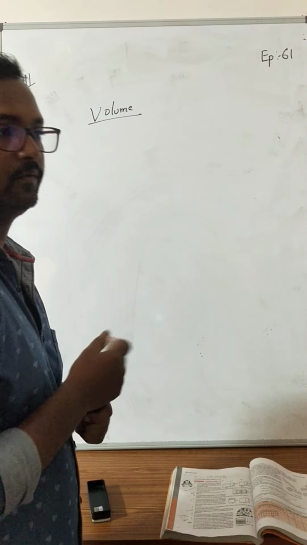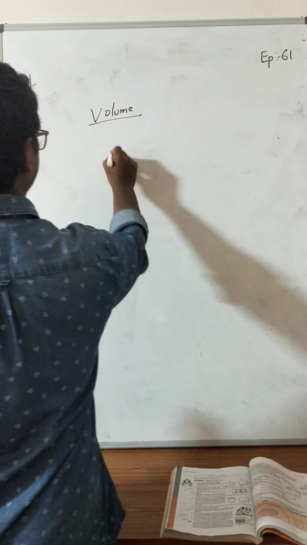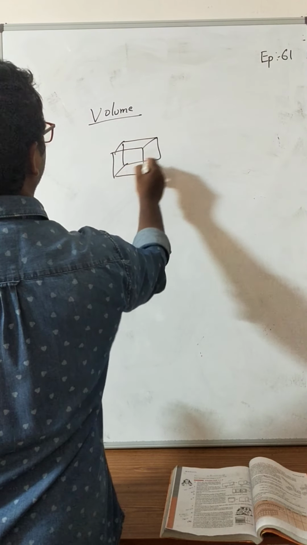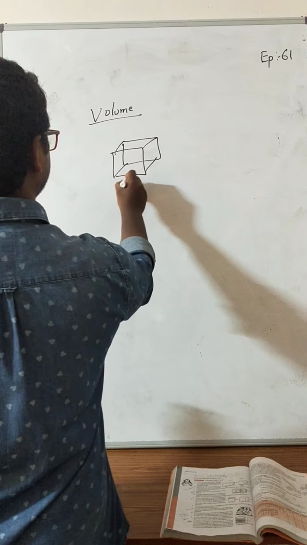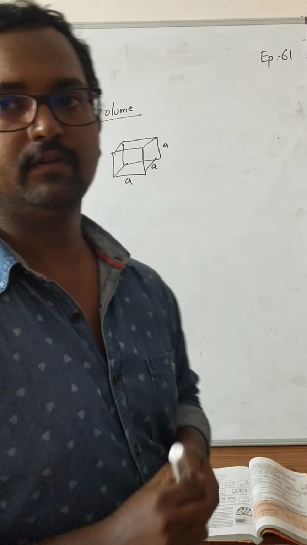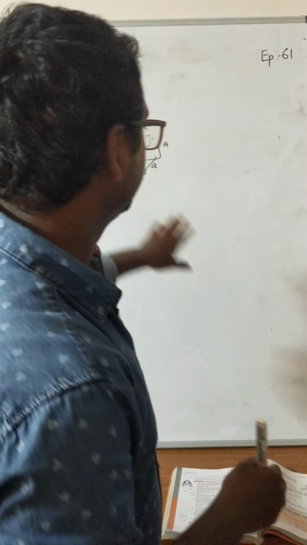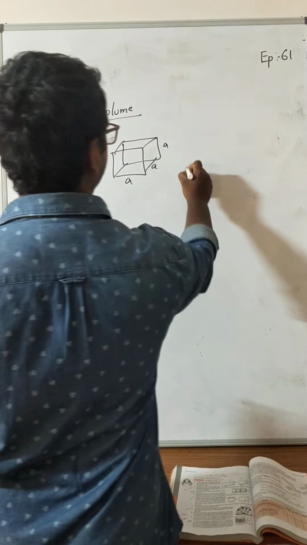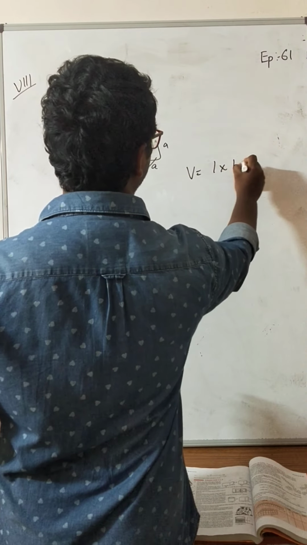Okay, in the volume, let's start with cube. So this is a cube. In cube, every side is equal. In general, whenever we have any figure like this, the volume is usually length into breadth into height.